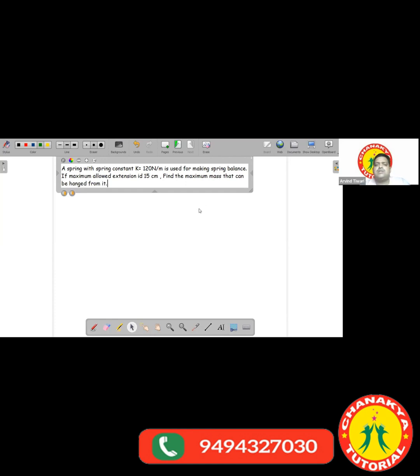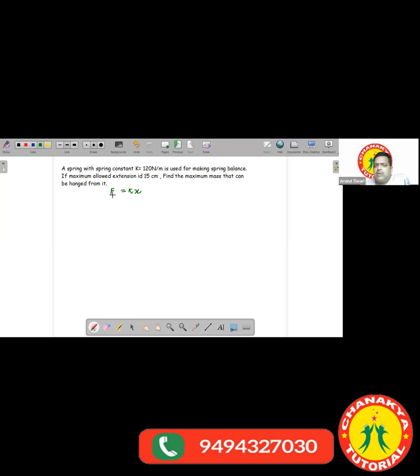So just do this part now. We have been given the spring constant. You have been given the maximum extension that has been produced. So see here, we write again F equals kx.